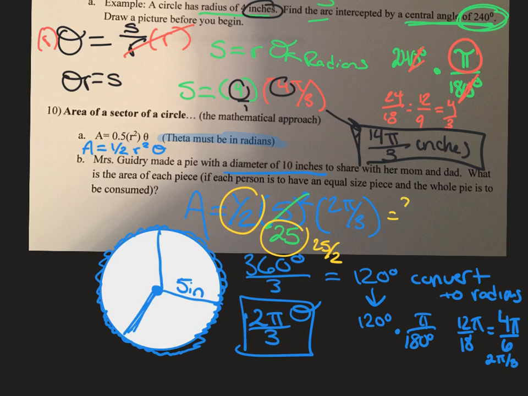So right now I have 25 over 2 times my 2 pi over 3. These 2's cancel out. So my final answer is going to be 25 pi over 3. Story problems have story answers. It's an area. This was measured in inches, so it's going to be inches squared.